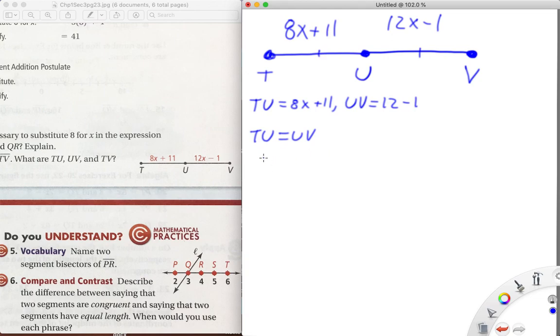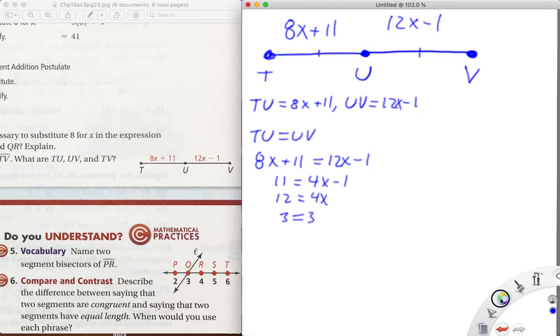And I can say that 8x plus 11 is equal to 12x minus 1. And then I can solve for x. I can subtract 8x from both sides, and I have 11 equals 4x minus 1. I can add 1 to both sides, and I can say 12 equals 4x. Then I can divide by 4 on both sides, and I can say that x is equal to 3.